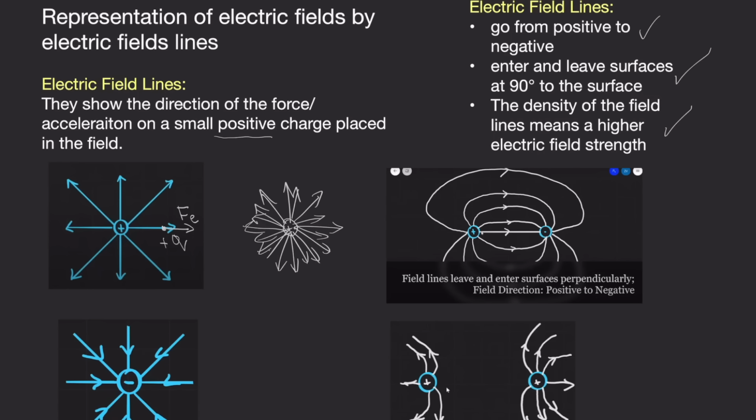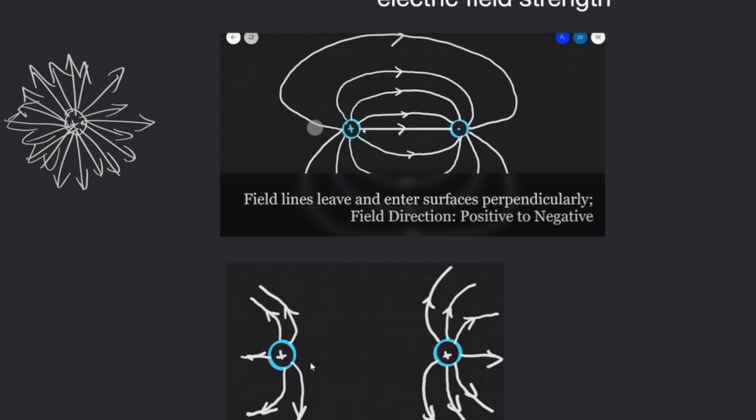If I had a positive charge next to a negative charge, we can just follow all those rules. First of all, between them, the electric field will be going from positive to negative, and following this rule that they enter and leave surfaces at 90 degrees, the field line is going to leave the positive charge, curve away, and then enter at 90 degrees.